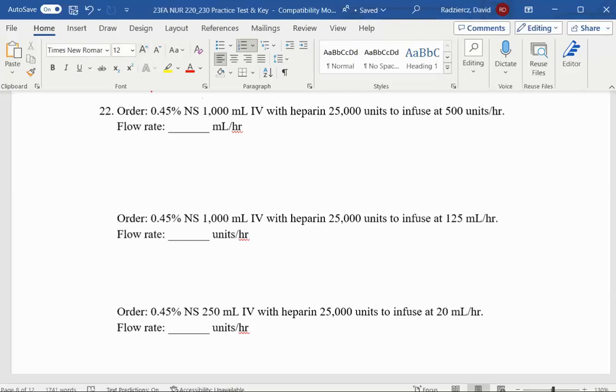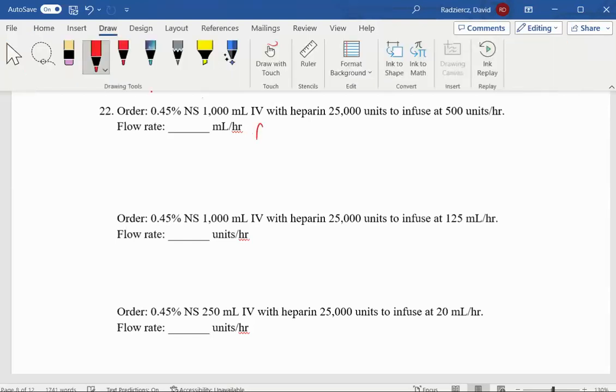What I mentioned on Tuesday is that all we're really doing is going from one flow rate, units per hour, to another flow rate, milliliters per hour. So the trick is, how do I set that up? I'm going to show it to you in a way that will also translate into what you're doing in the heparin protocol.